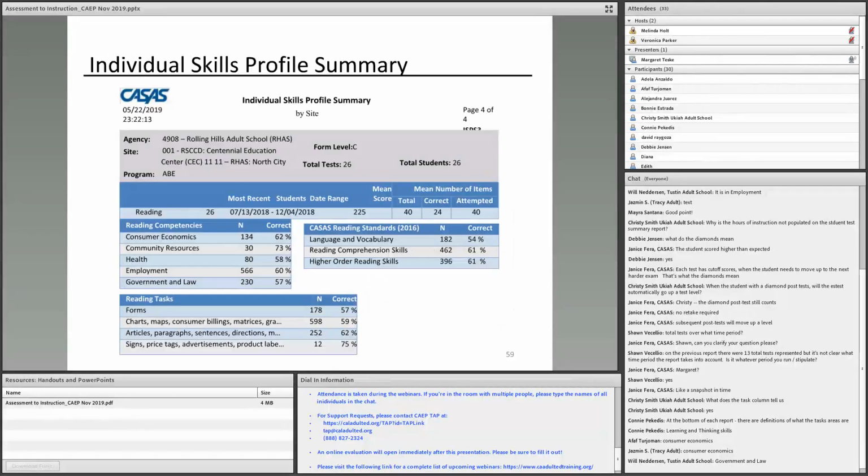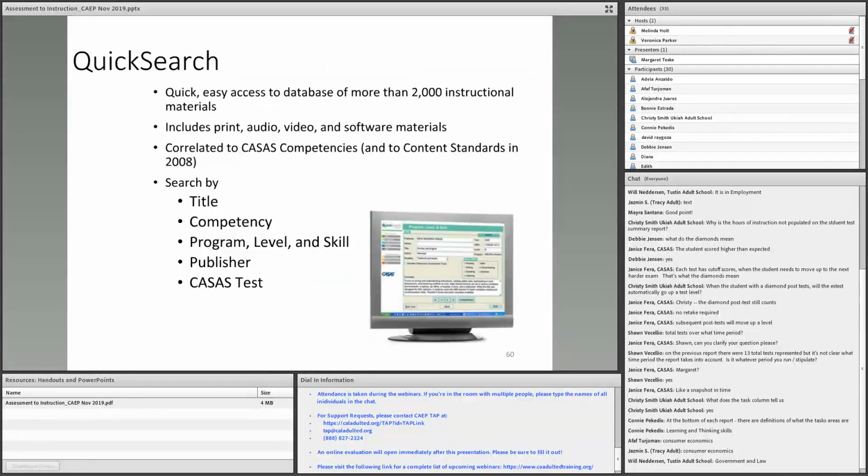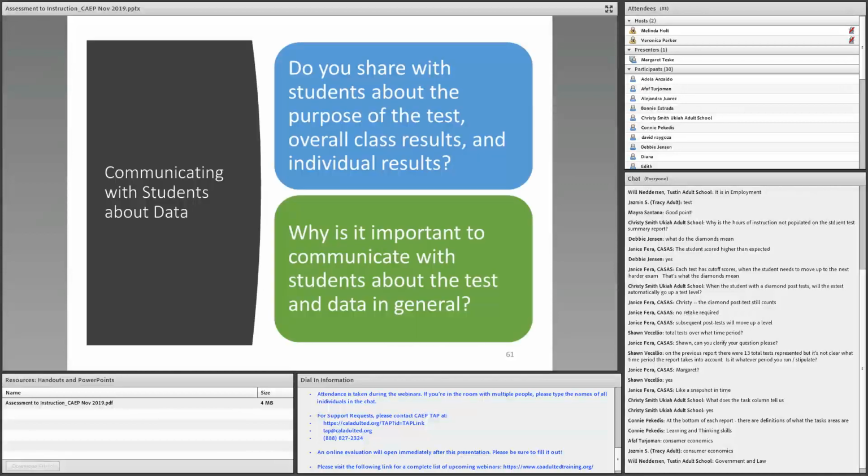Once they know that there's an area that they want to work on, they can go to Quick Search. Quick Search is an easy access database through the CASAS website, and it points out print, audio, video, software materials that are correlated to competencies and content standards. It's very helpful.